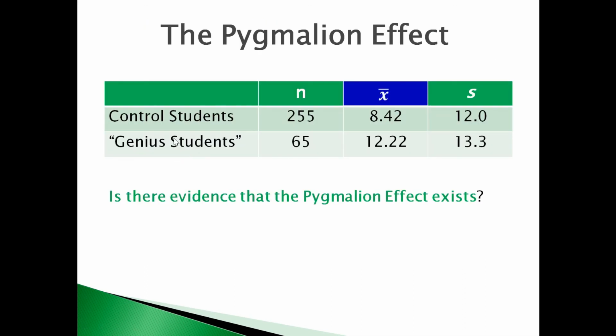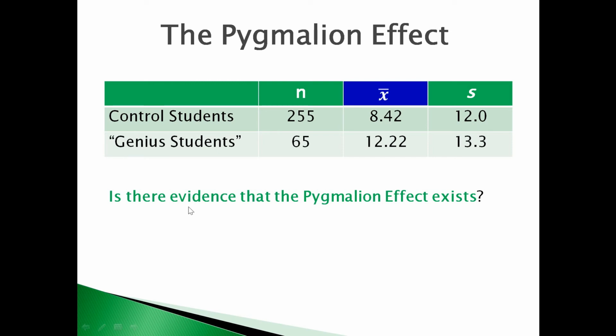So here's the data. You have the controlled group and the genius group. Obviously, these students are random, but the teachers were told that they were geniuses. You have the sample sizes, the difference in IQs after 1 year for both groups, and the standard deviation for both groups. Is there evidence that the Pygmalion effect exists?